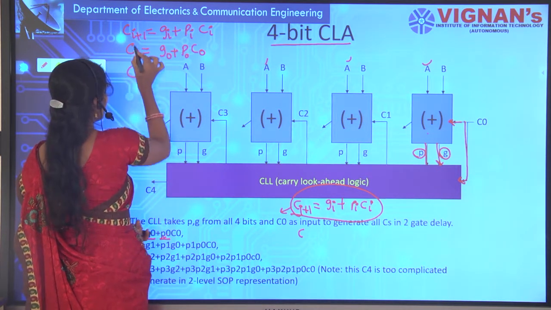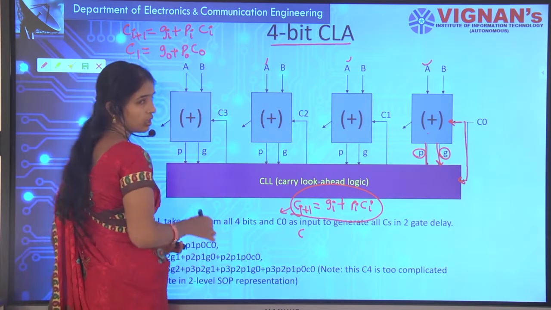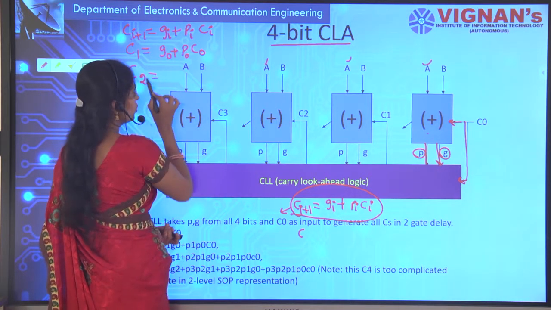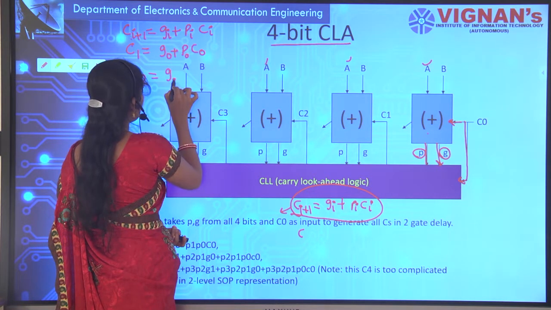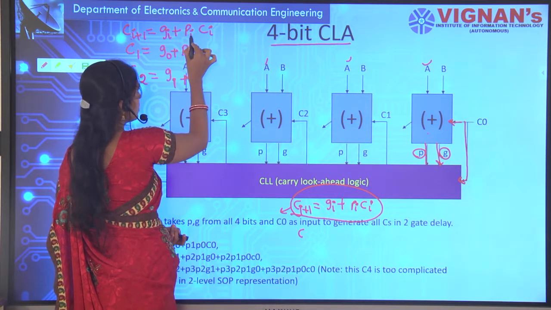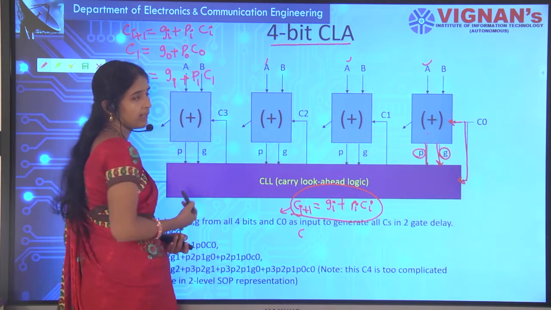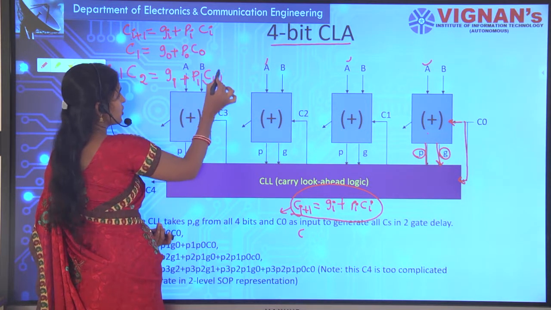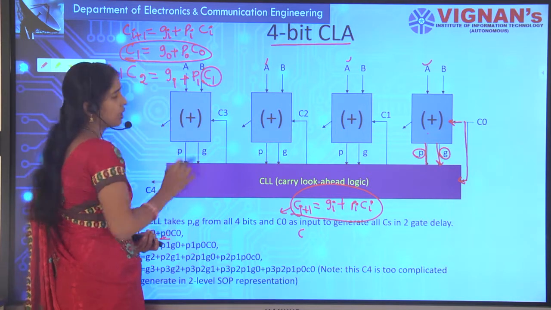Again, what is your C2 if i is equivalent to 1? If i is 1, then C2 is equivalent to G1 plus P1 into C1. So again you have to substitute. What is C1 here? You have got it here.